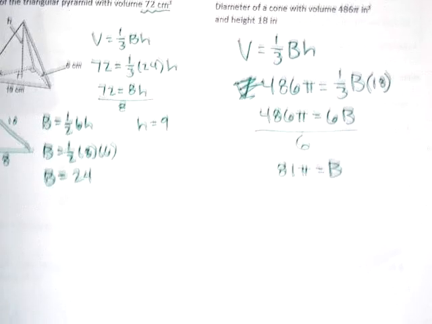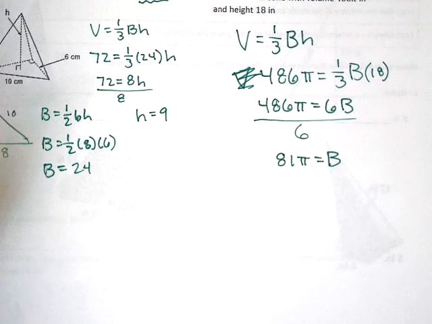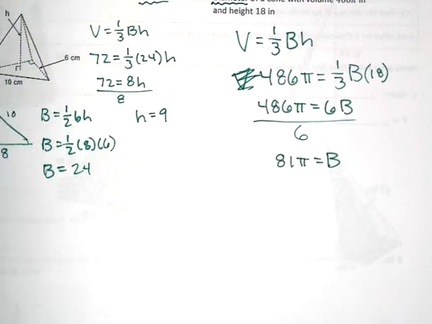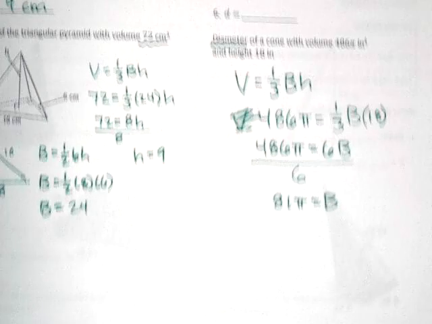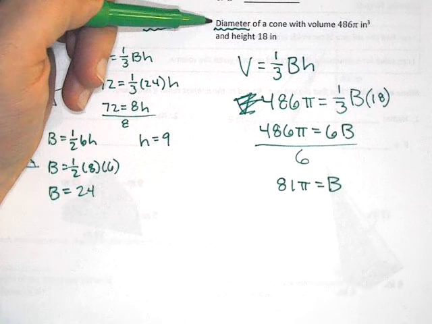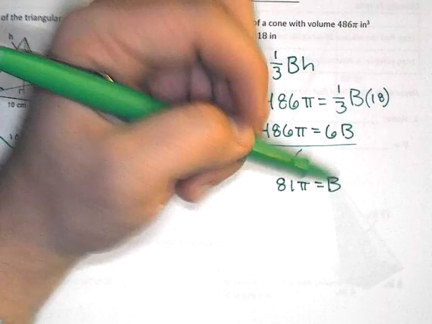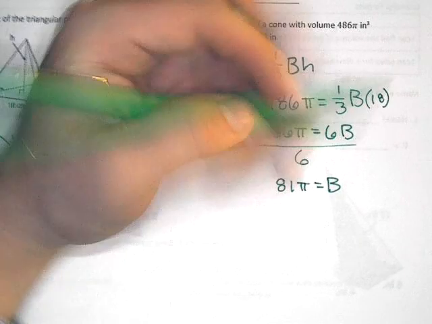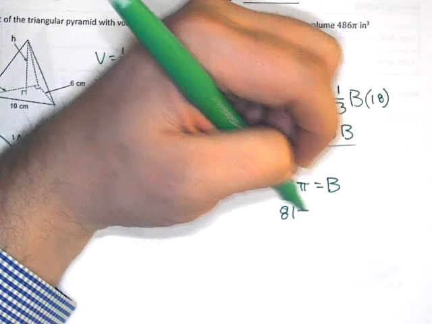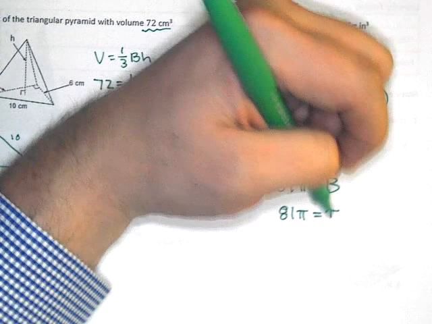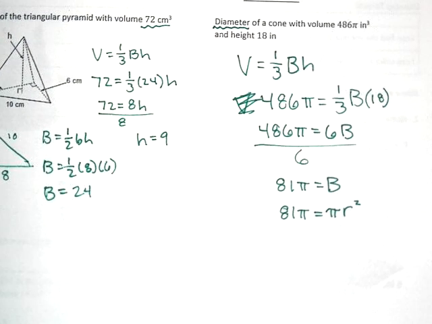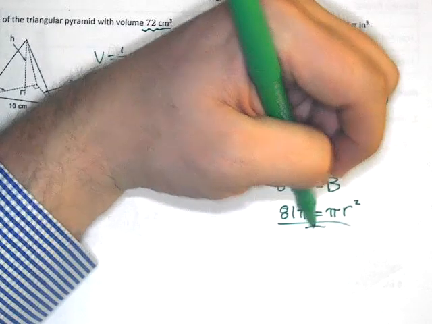Almost done. What can we do? We're trying to find the diameter. Sorry, I highlighted something you couldn't see. We're trying to find this diameter, which means we probably need the radius first. Okay? Well, we have a formula for the area of the base. I'm going to plug it in now. 81 pi is equal to pi r squared. What happens when we divide by pi?